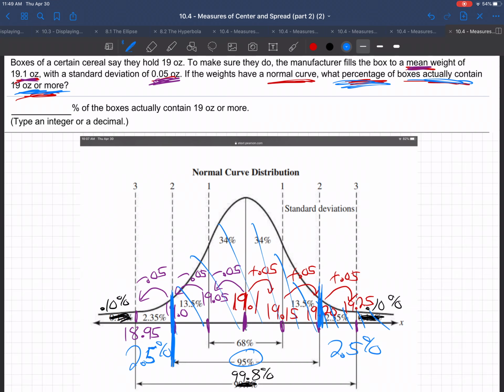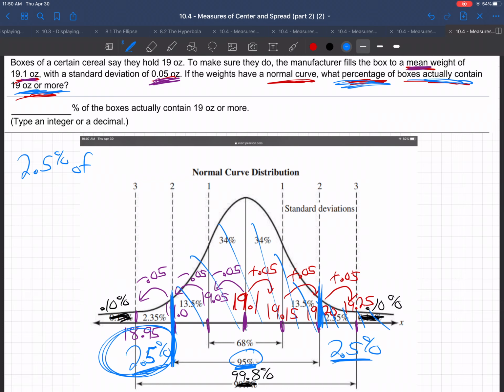That's 2.5% on each side, right? Because it's 95 in the middle. So that leaves 2.5 and 2.5 to make the other 5%. So this lower section must be 2.5%.